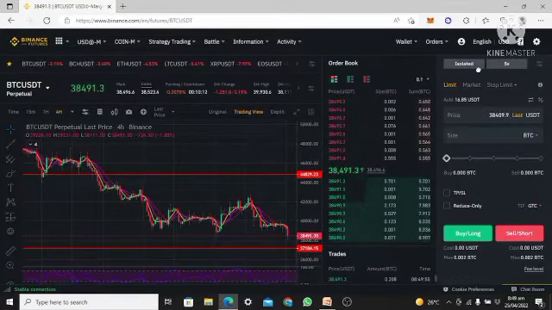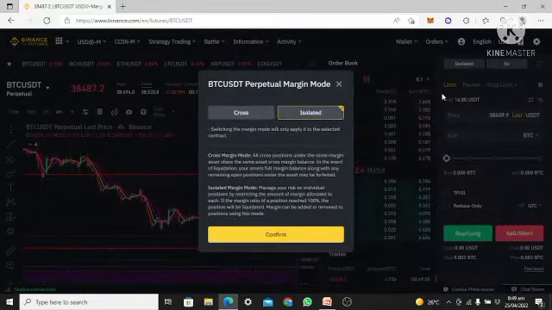Then this is very important. There are two things you need to understand: which type of trading you are in. Are you in cross margin or isolated margin?